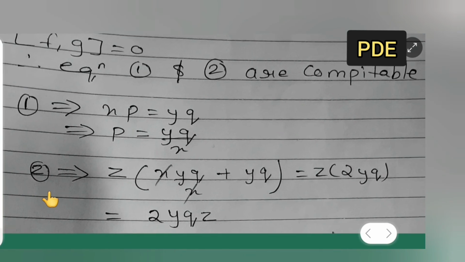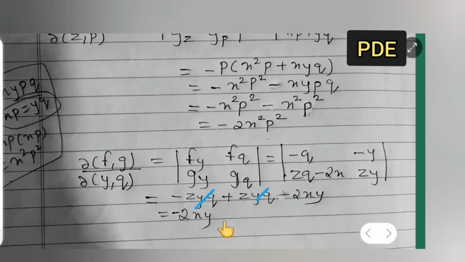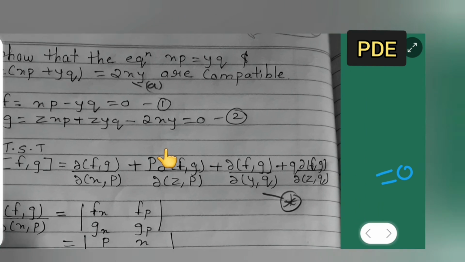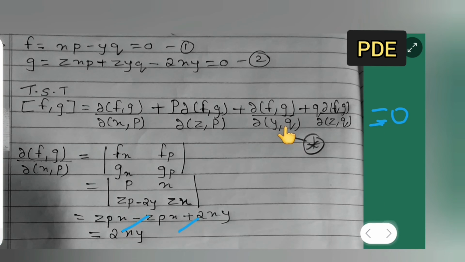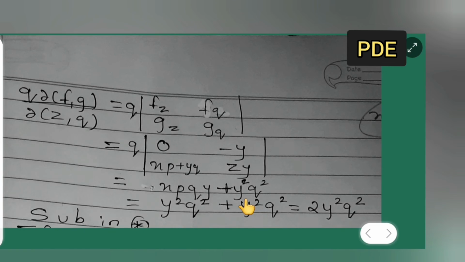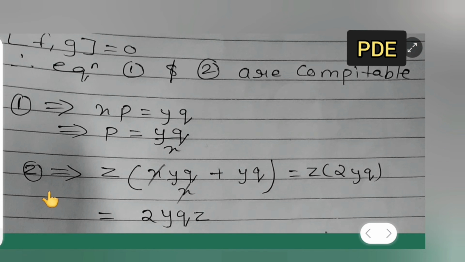I have taken only this part. z into xp plus yq. z into x into p is what? yq upon x. x will get cancelled, plus yq will remain, is equal to 2y into yq z, right? So this is nothing but 2y yqz.